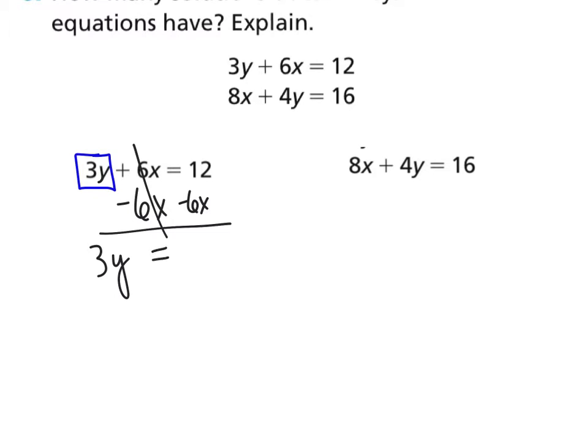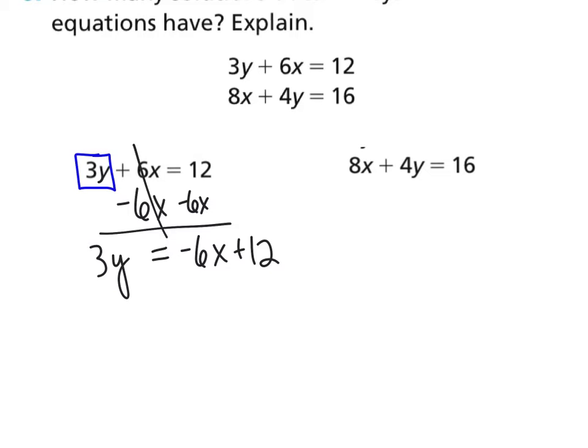I'm going to squeeze that in front on the right side of the equation. Those are not like terms, so don't try to combine them. But I'm going to say negative 6x plus 12 because it probably makes it easier to see what our slope and our y-intercept are if we have the x term and then the constant.